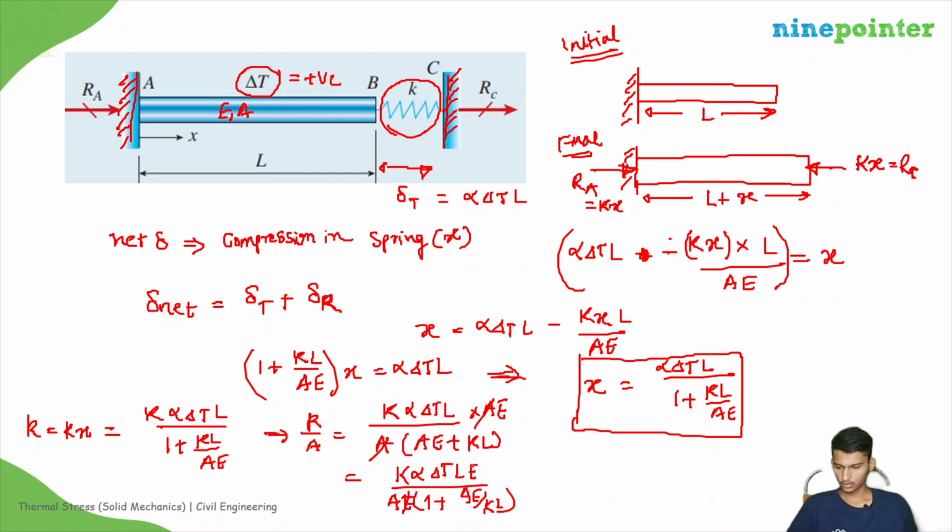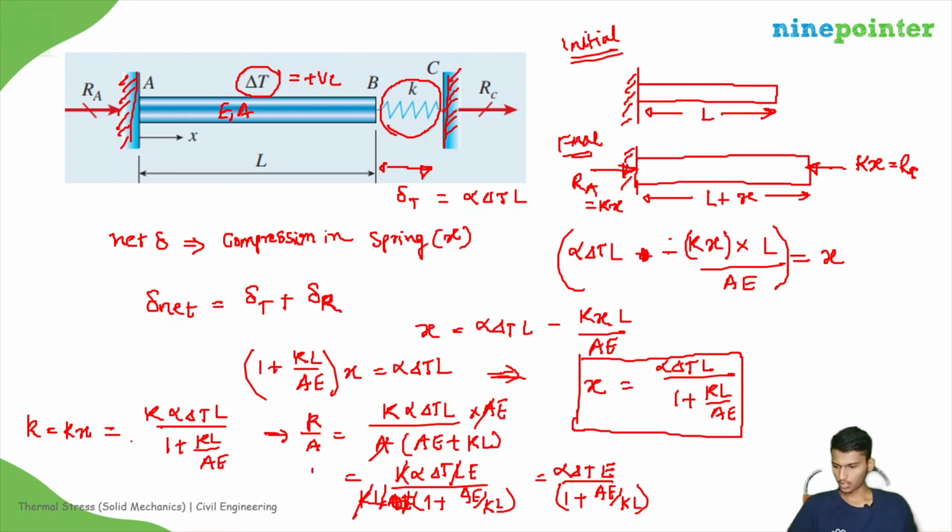This should be KL, right? So K gets cancelled, L gets cancelled. So that will give rise to alpha delta T E divided by 1 plus AE by KL.